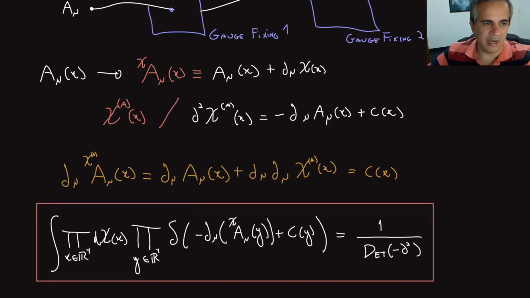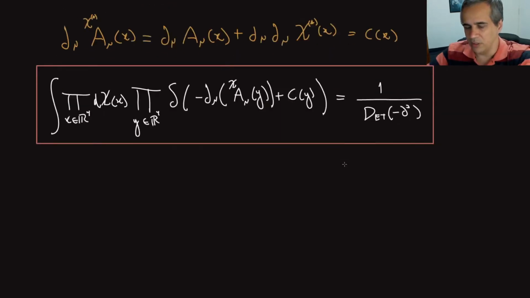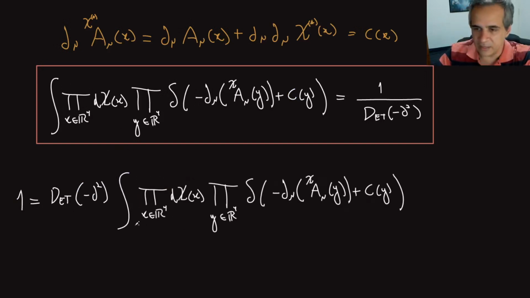It's important to have some understanding of what we're trying to prove and why. The reason I want to prove that is that if this is true, then I can throw this determinant over here and have an identity which is the determinant of this operator times this thing here. Let me copy it. And this thing is just a path integral in chi.